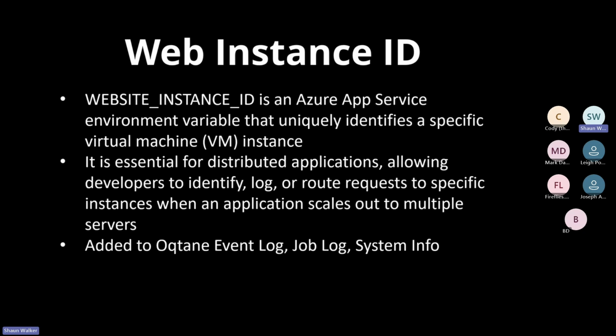Another aspect that I mentioned in the architecture diagram is around the identification of specific web instances that are part of your environment. So WEBSITE_INSTANCE_ID is an environment variable that Microsoft Azure uses as part of its app services to identify a specific web instance. So not just a server within your environment, but the actual web instance that's running.